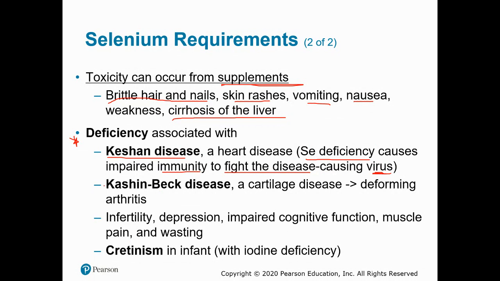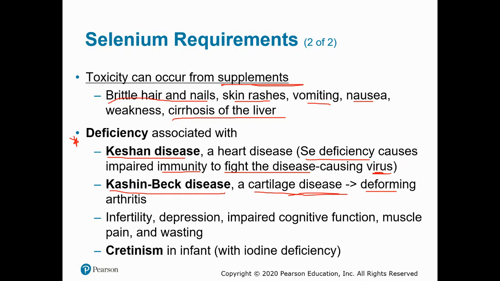And then there's a similarly named issue, but a very different disease. There's something called Kashin-Beck disease, which is actually a cartilage disease. It's a malformation and deformation of cartilage, leading to a deforming form of arthritis.